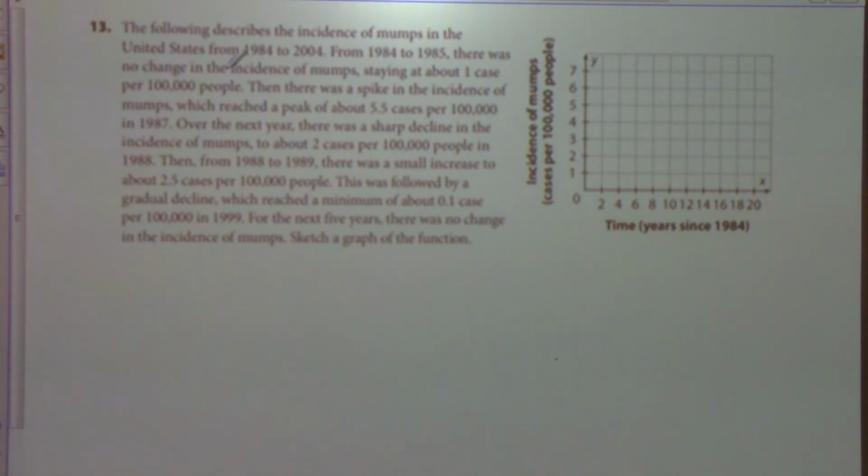Okay, for this one here, did you all set up a table for this one? Did that work out pretty well? So let's just go ahead and tell me what you got in the table here, somebody. You start at 0, right? 0, 1, 2, 12.